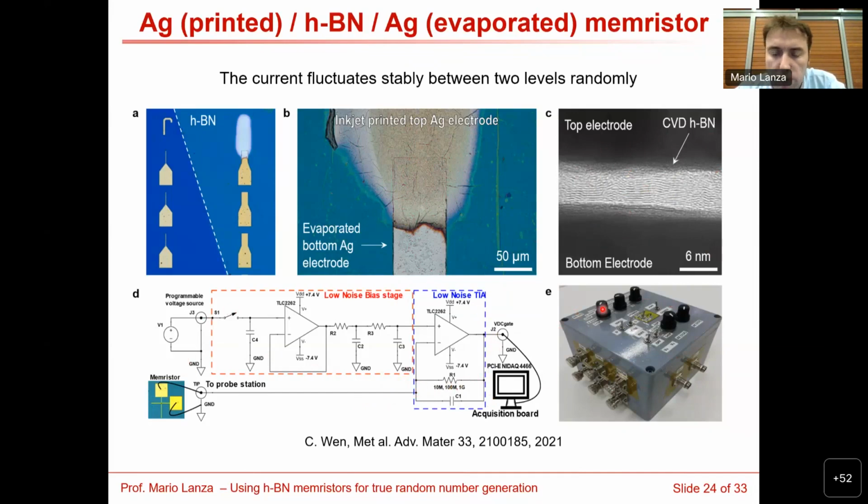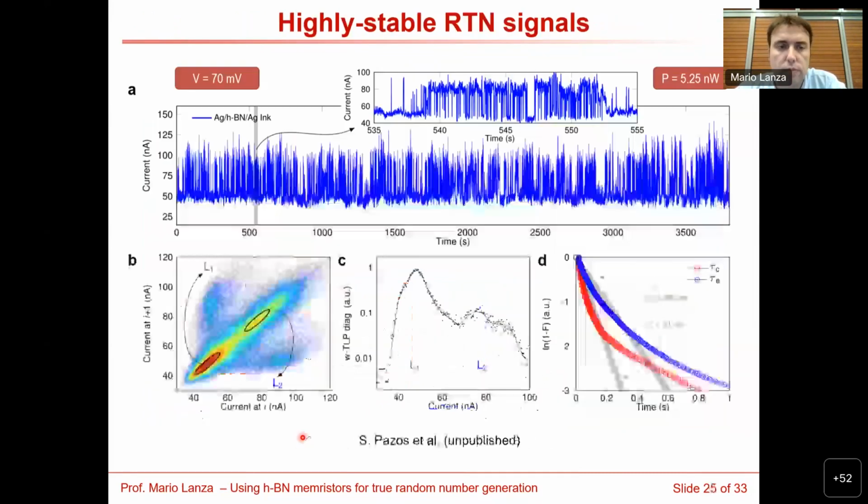This is done by one of my postdocs. And here is the memristor that is biased. When we do this, we apply a constant voltage of 70 millivolts to this device, and this is what we measure.